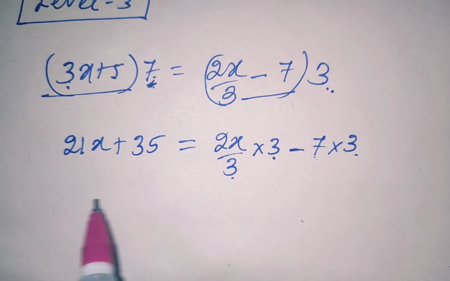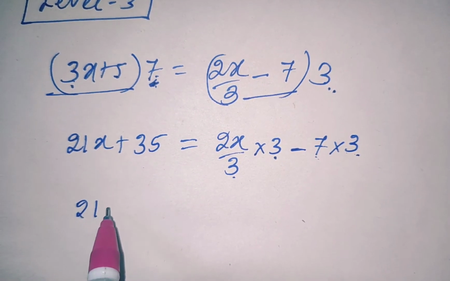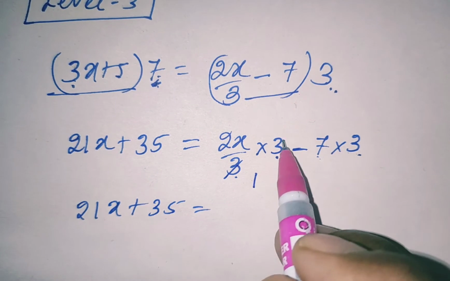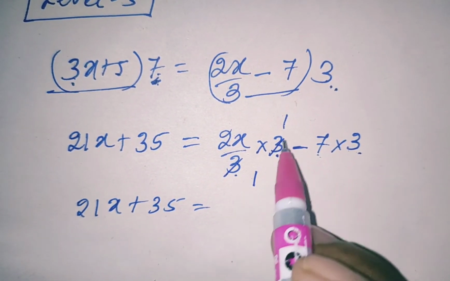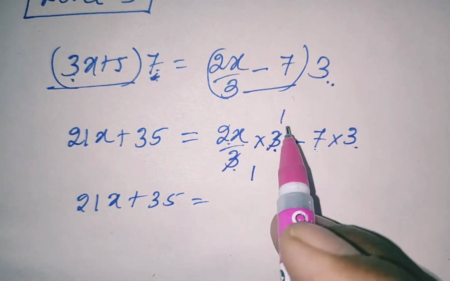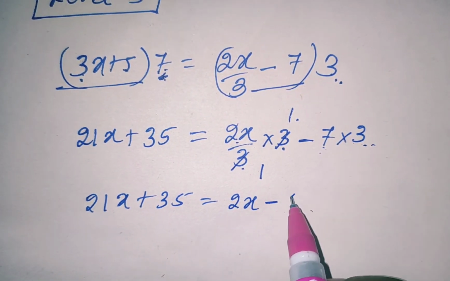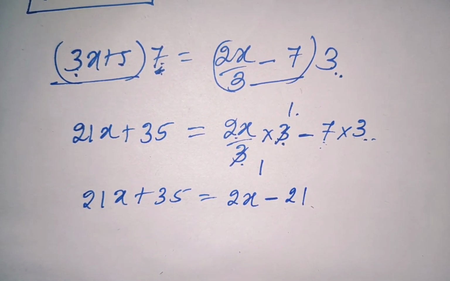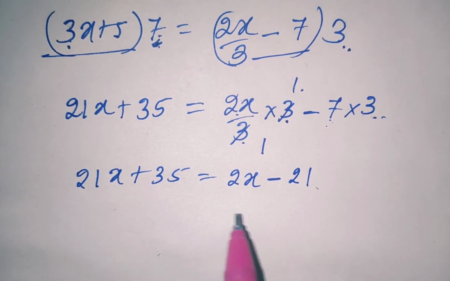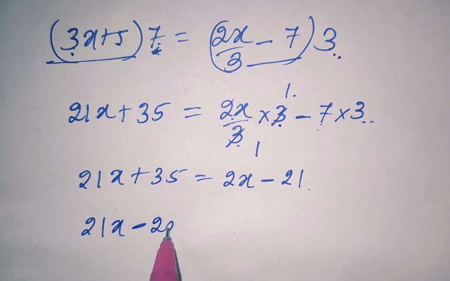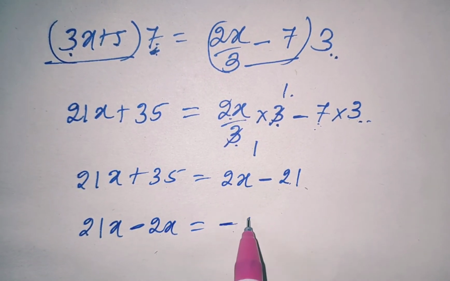So then here 21x plus 35, and here 3 1s are 3, you can divide. Then 2x into 1, 2x minus 7 3s are 21. Now you can take variables one side here. 21x, this minus 2x, that is equal to here minus 21 is already there.